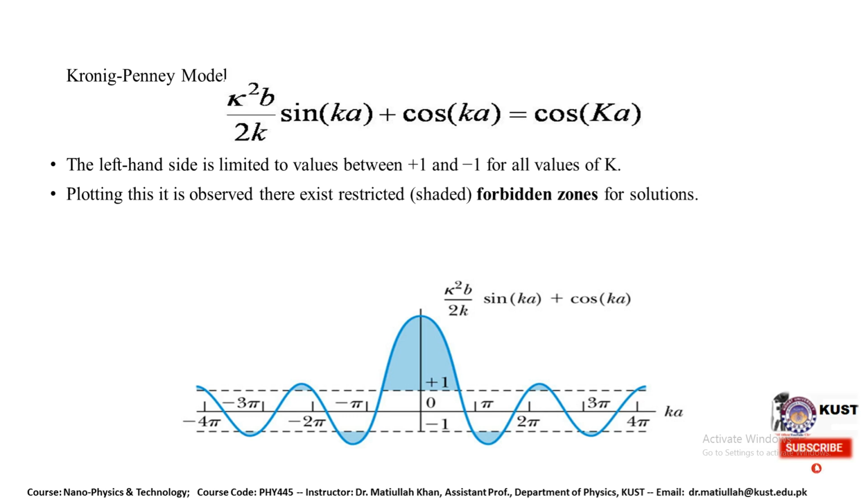There are allowed energy bands and forbidden energy bands. Allowed bands are where electrons can move freely, whereas forbidden are the energy ranges where the electron cannot reside. This model shows where the forbidden and allowed energy ranges are for the electrons.